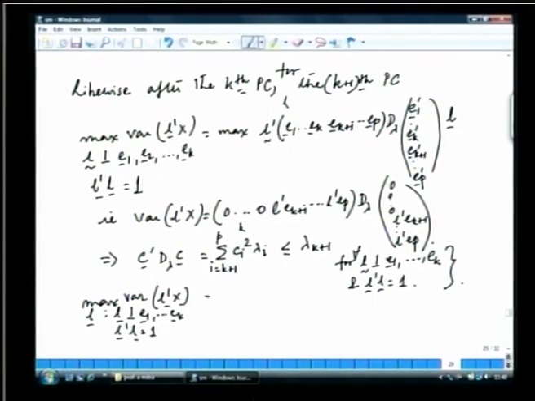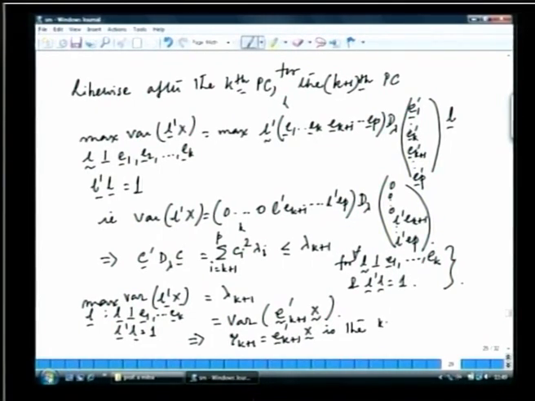This is nothing but lambda k plus 1, and lambda k plus 1 can again be shown to be equal to variance of Ek plus 1 prime x, giving us that Yk plus 1 is Ek plus 1 prime x is the k plus 1th principal component.